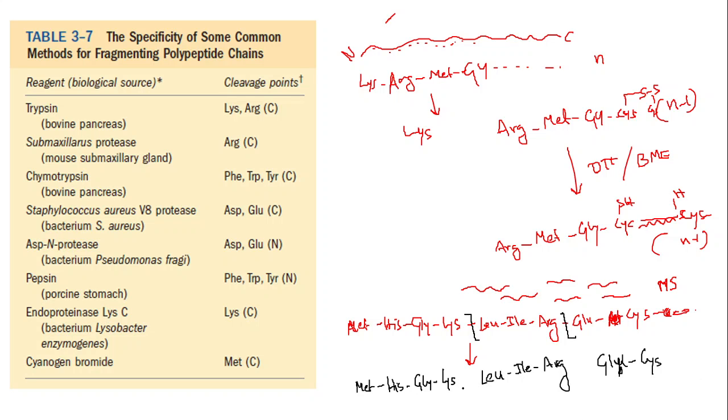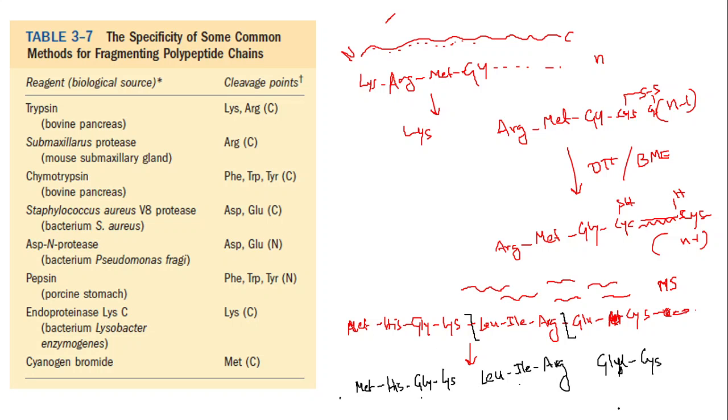Now, this method alone does not really tell you which was first, so you cannot go back and reassemble this as the original peptide. So we have to do at least two digesting methods. We usually do two enzymes, or one chemical and one biological digestion, to get the complete picture.